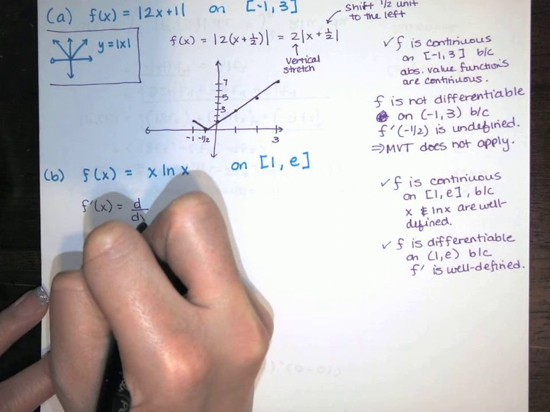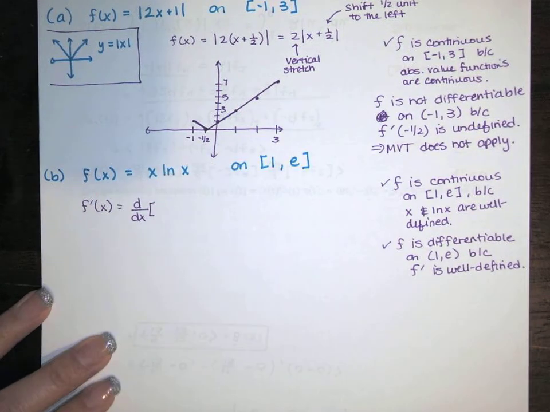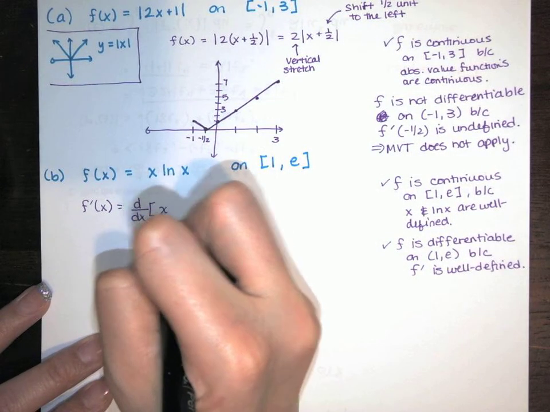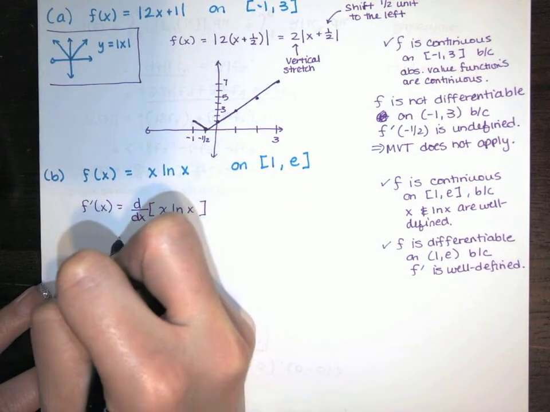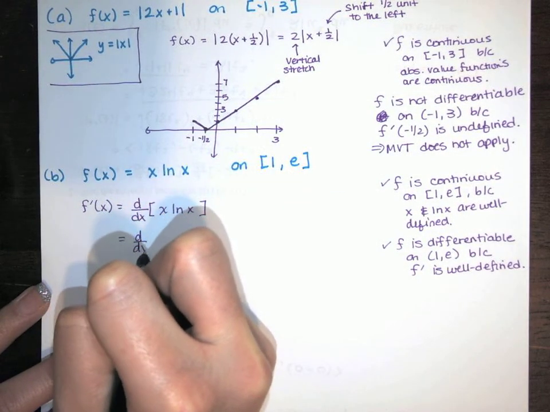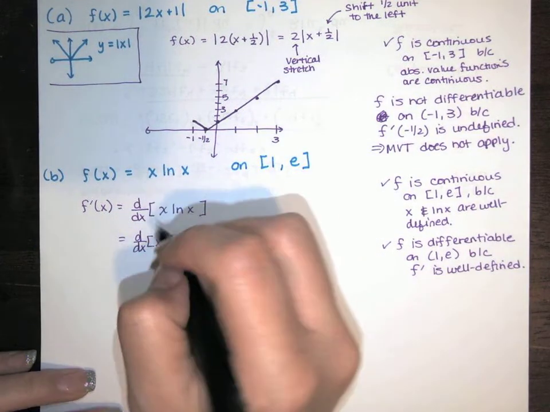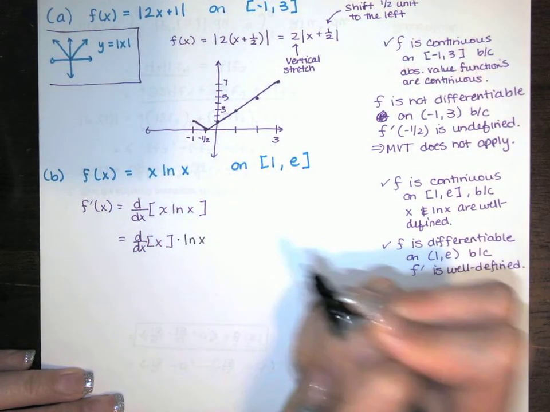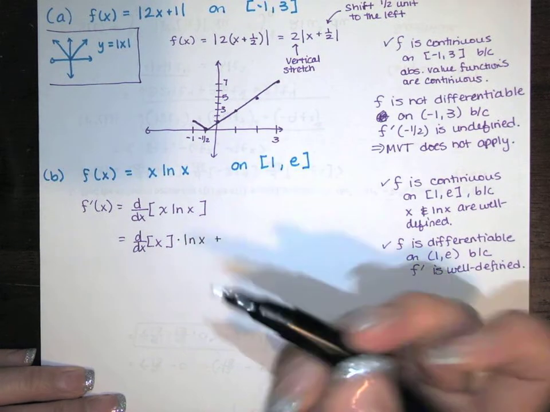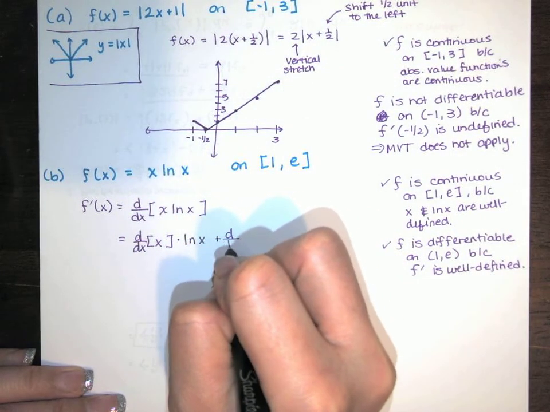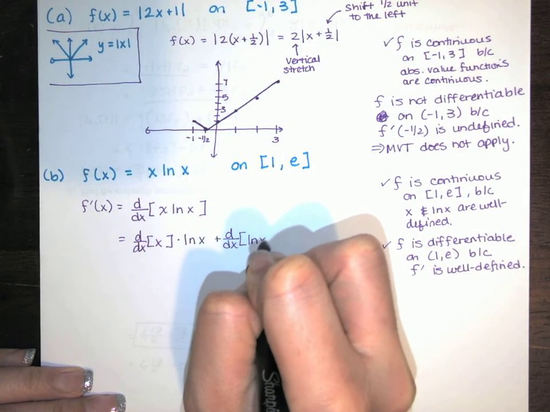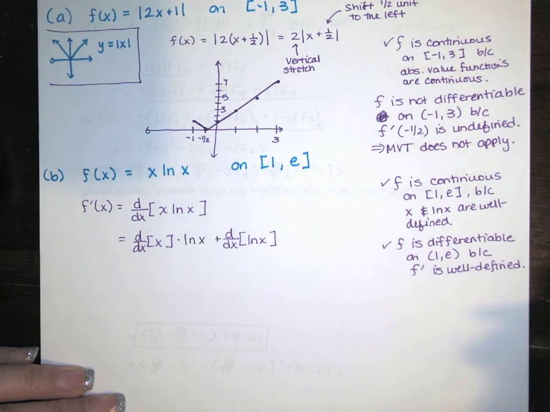When I take the derivative of this, I will use the product rule. We have the derivative of the first function times the second undifferentiated, so I'm just leaving the natural log of x alone, plus derivative of the second function times the first function.